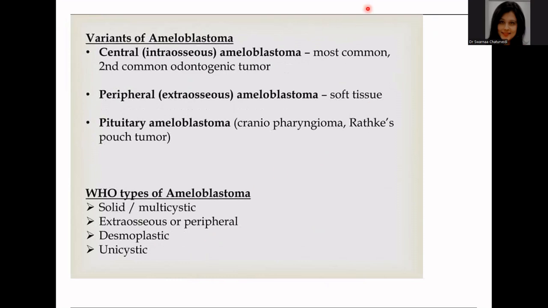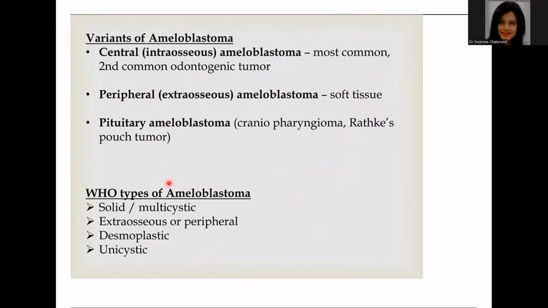So ameloblastoma is further classified, or its variants include central, peripheral, and pituitary ameloblastoma. Central intraosseous is the central one, the most common, second most common odontogenic tumor. Now, peripheral ameloblastoma is an extraosseous variant, so it will be involving the soft tissues.